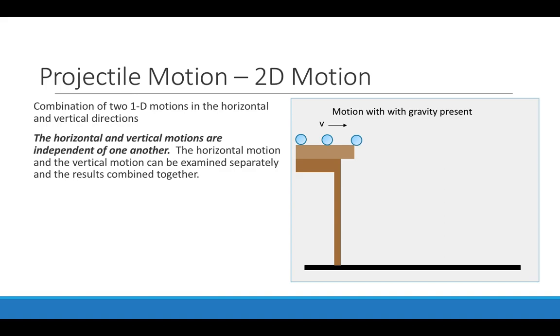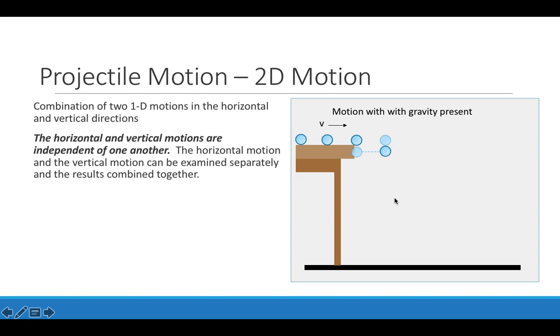It gets to the edge. One second later, if gravity wasn't present, the ball would keep traveling in that straight line path. If there was no horizontal velocity, the ball would just drop down here. So if I combine those two motions together, the object is actually located in the position shown here.